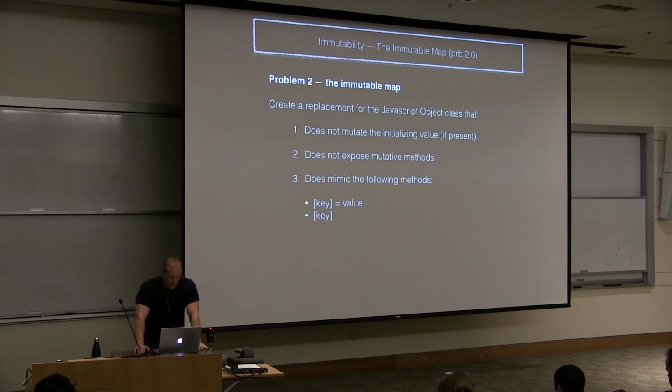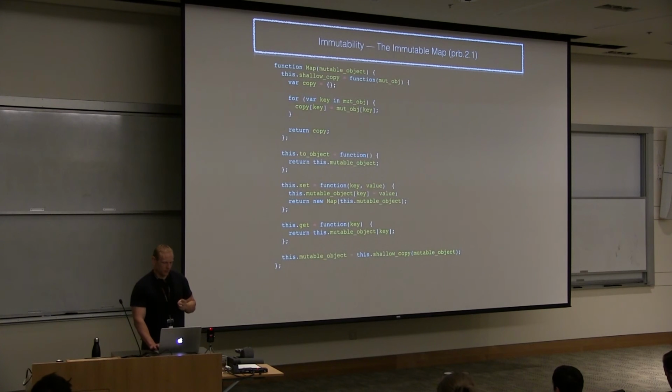We want to create a replacement for the JavaScript object class that does not mutate the initializing value of present, does not expose mutative methods, and does mimic the following methods. That is a key set and a key get, which you can do several ways in JavaScript. So we're going to set the value of a key on a map, and we're going to get it. Only 2 methods. Should be a little bit easier.